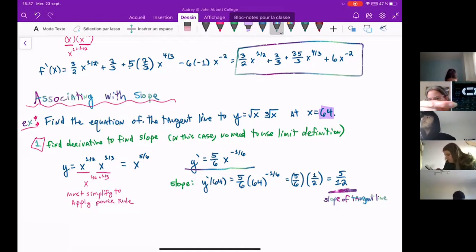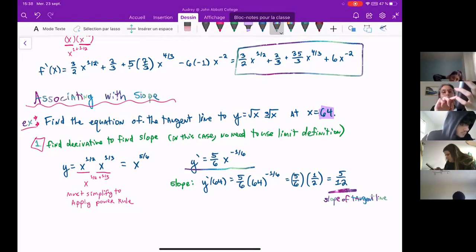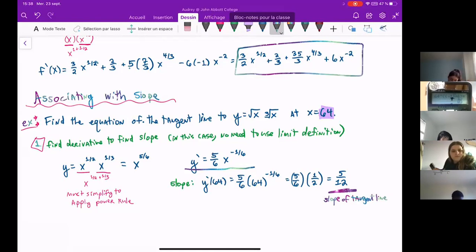Mine's on the very left side of my calculator, kind of like 2 above the 7. So I'm going to press that button, and then in parentheses, I'm going to do the negative 1 divided by 6. So if you guys look at my calculator screen, you can see how I put in parentheses negative 1 divided by 6.